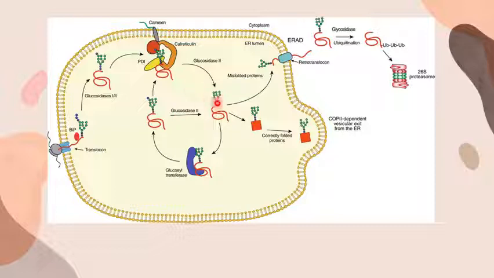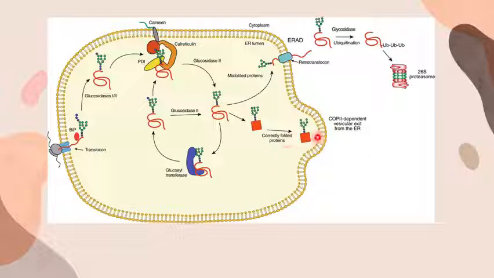The correctly folded proteins are released, and the last glucose residue and mannose residue are removed, and the protein exits the ER in vesicles. However, the proteins that can't achieve a stable folded conformation are sent to the endoplasmic reticulum associated degradation pathway, abbreviated as ERAD.